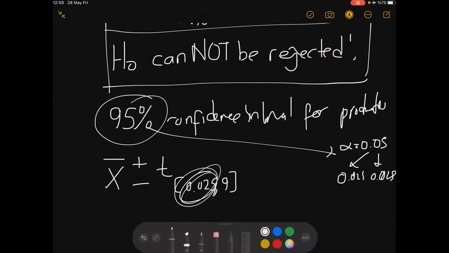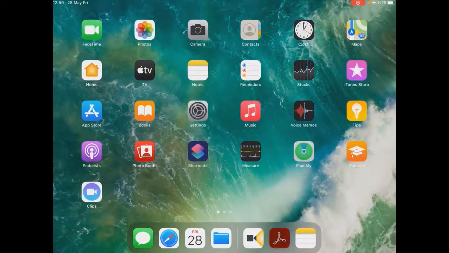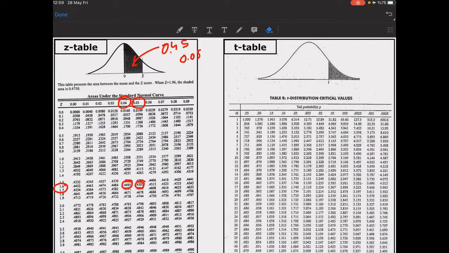I mean, maybe you're getting used to it already. 0.025 here times Sx. So you need to look it up, right, for this value. And what should it be? 0.025 for degree of freedom 9.